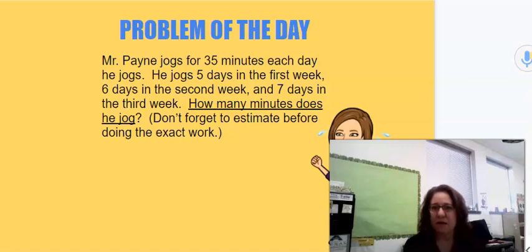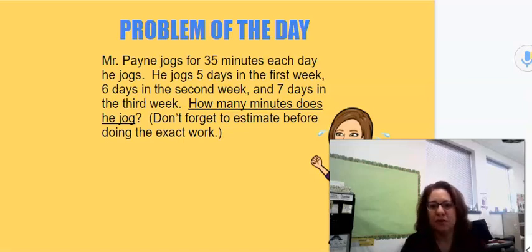And then 7 days in the third week. And the question is, how many minutes does he jog? So we're finding the total number of minutes for all 3 weeks.